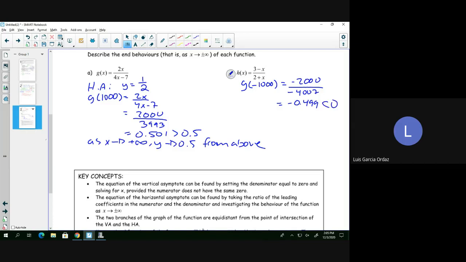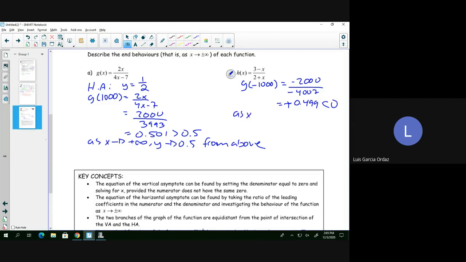So, to determine if it's above or below, we're just seeing if the number we're subbing in is bigger than or less than our horizontal asymptote. So for example, when we subbed in g for 1,000, we got 0.501, which is bigger than 0.5, our horizontal asymptote. So that means that as x approaches positive infinity, y approaches 0.5 from above. Okay? And with this last one, we get 0.499.